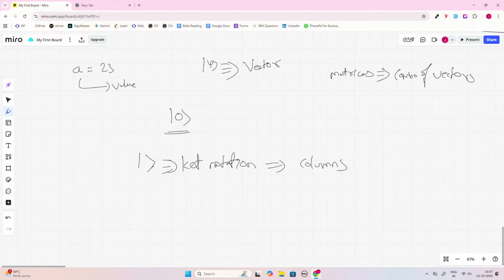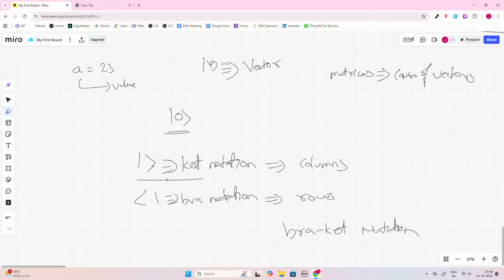And this is known as bra notation, which is nothing but rows. Very simple, straightforward stuff. That's why we call it bracket notation. For the beginner-friendly level we will deal mostly with only ket notations. If you go to density matrices and those operations, only there does your bra notation come into play. But for now we only require ket notations.